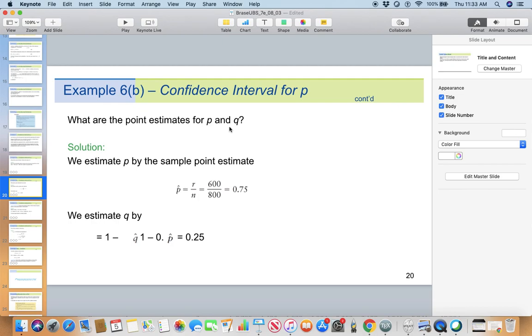What are the point estimates for P and Q? Well, the point estimate P hat is R over n, 600 over 800, that is 0.75.